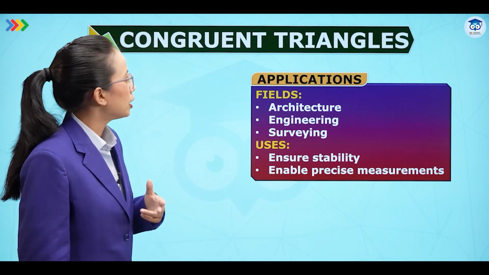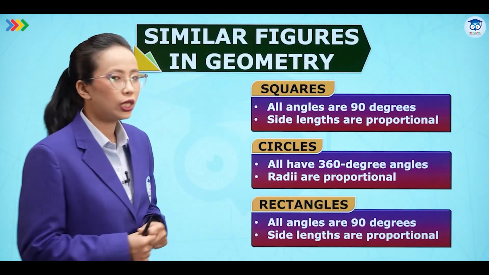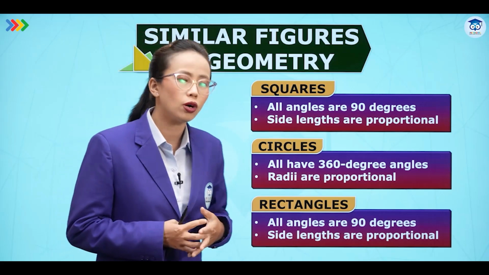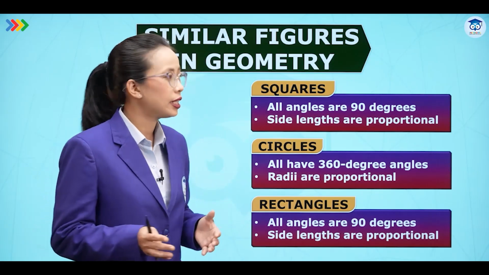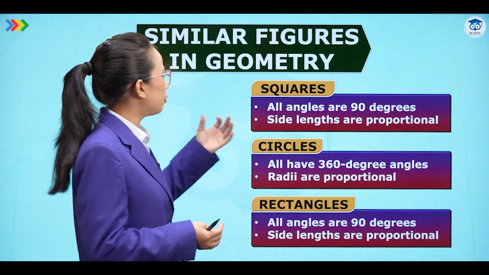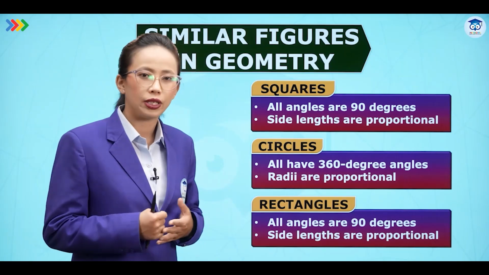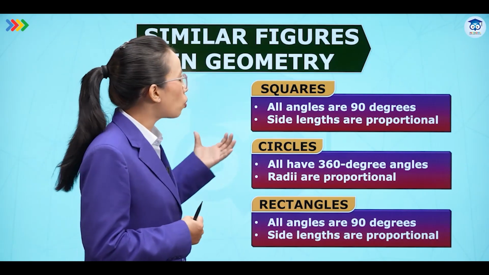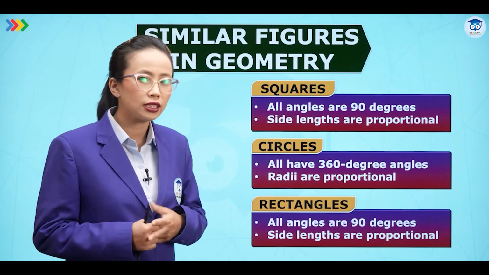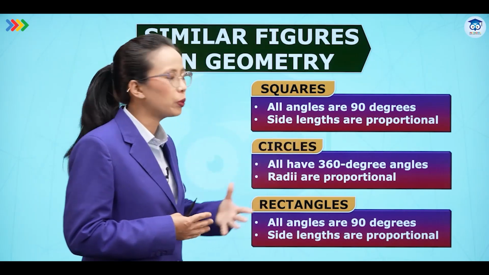Next, we have similar figures in geometry. We have seen squares of different lengths, and of the same length also. For a square, we know that all the angles are 90 degrees. So a square is a quadrilateral in which all the angles are 90 degrees, and the side lengths are also proportional.